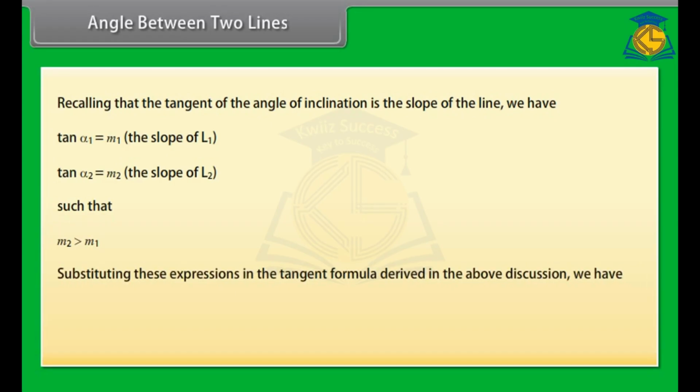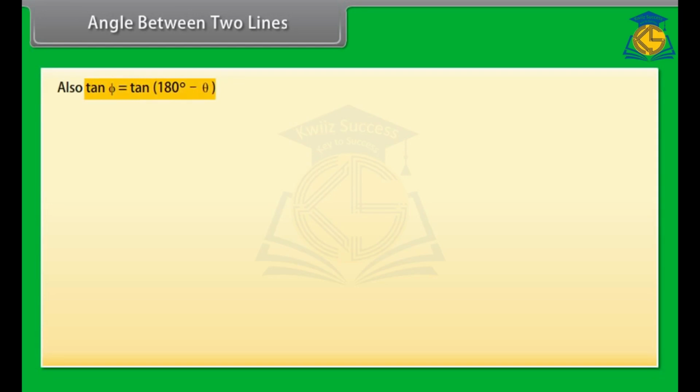Substituting these expressions in the tangent formula derived in the above discussion, we have tan phi is equal to (m2 minus m1) divided by (1 plus m1 into m2). Also, tan theta is equal to tan of (180 degrees minus phi), which is minus tan phi, is equal to minus of (m2 minus m1) divided by (1 plus m1 m2), as 1 plus m1 m2 is not equal to 0.